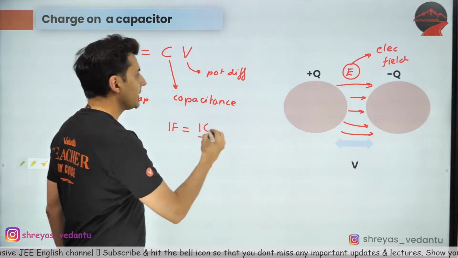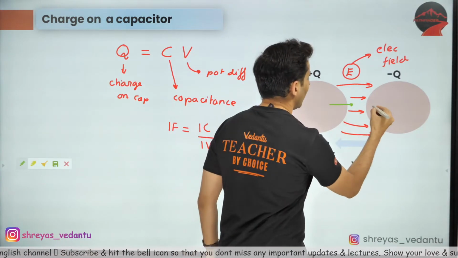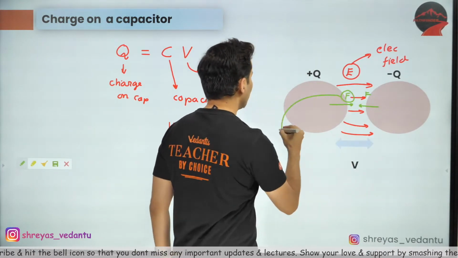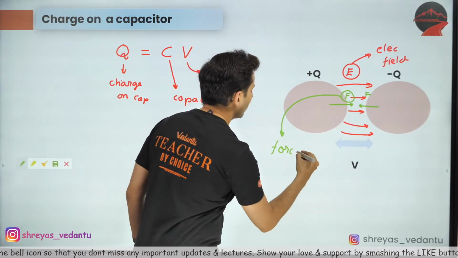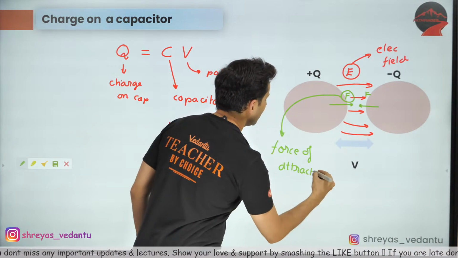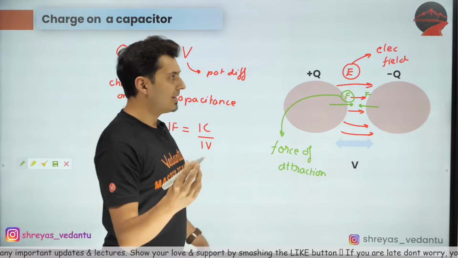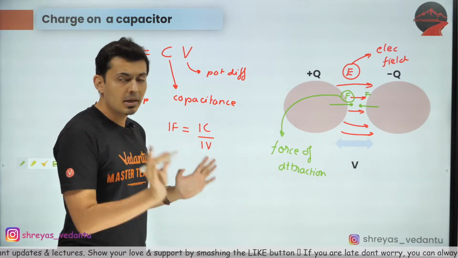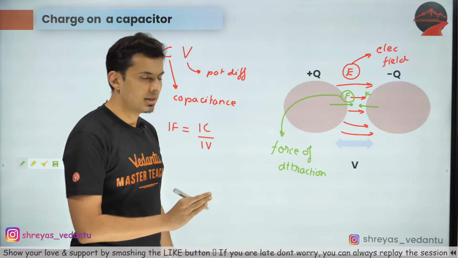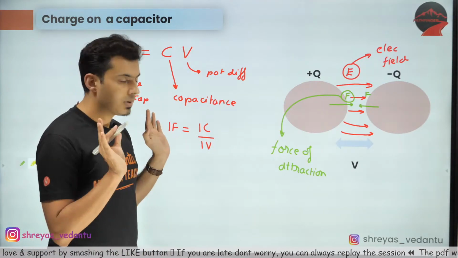The positive and the negative will attract each other. The values of these forces and field you should remember. If you want in-depth derivation, I have done it in my long-term batches, you can watch it. But for now, just remember the formulas.